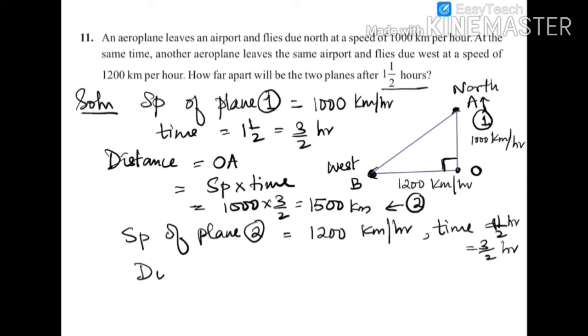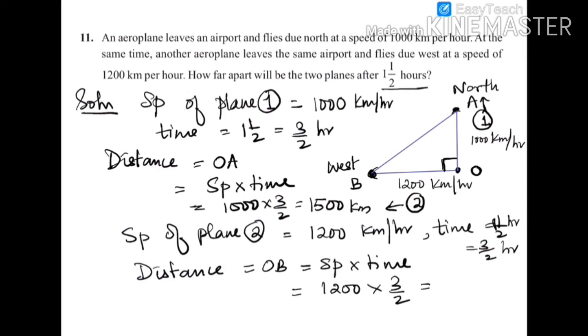So distance covered by this plane is given by OB, which is equal to speed into time, that is equal to 1200 into 3/2, which is going to be 1800 kilometers. So now we have the lengths of OA and OB.